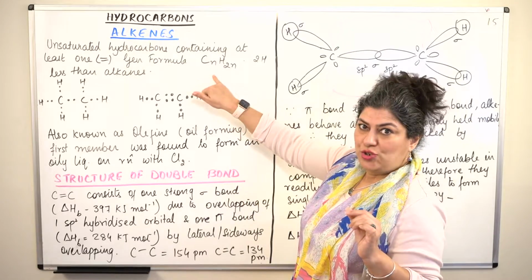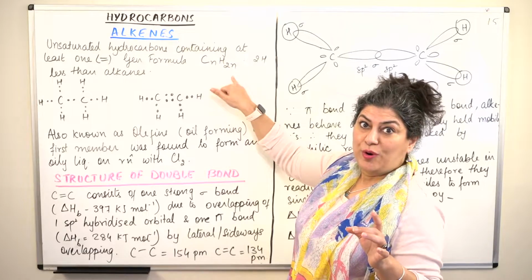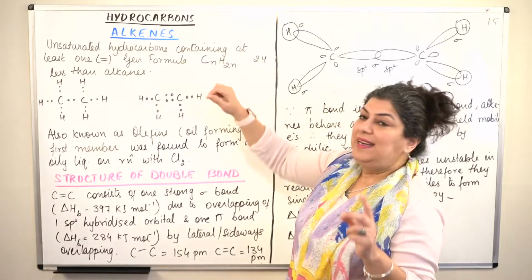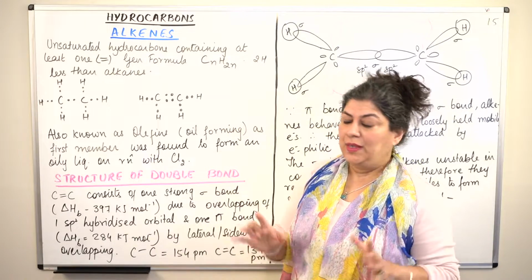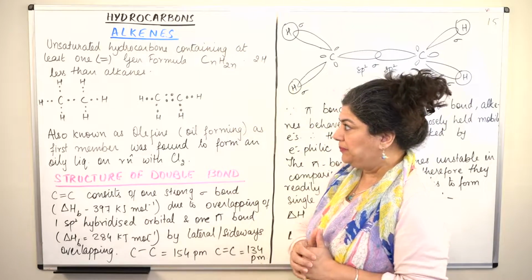That is, if this is 2, then in alkenes, the formula would be C2H4 and alkane would be C2H6. So an alkene has 2 hydrogens less than an alkane. That is something that we know just from the general formulae.